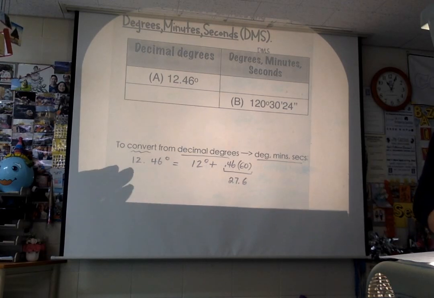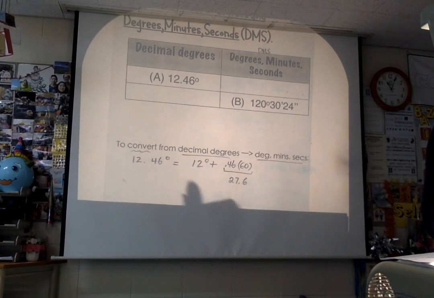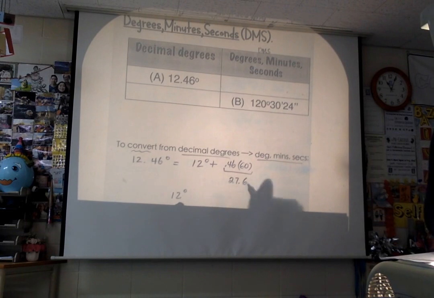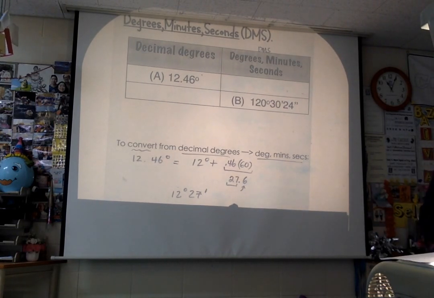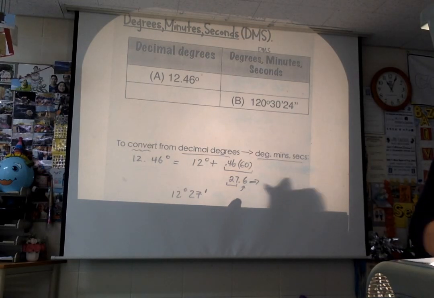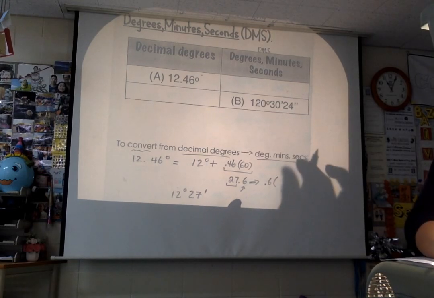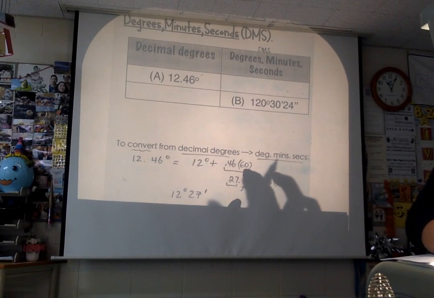So we're not done. Right now, so far, we have degrees, 12. Minutes, we have, you're right, the whole number part here, the integer part, 27 minutes. Now we've got to finish the seconds. That means we still have this 0.6 to deal with. It's 0.6 of a minute.